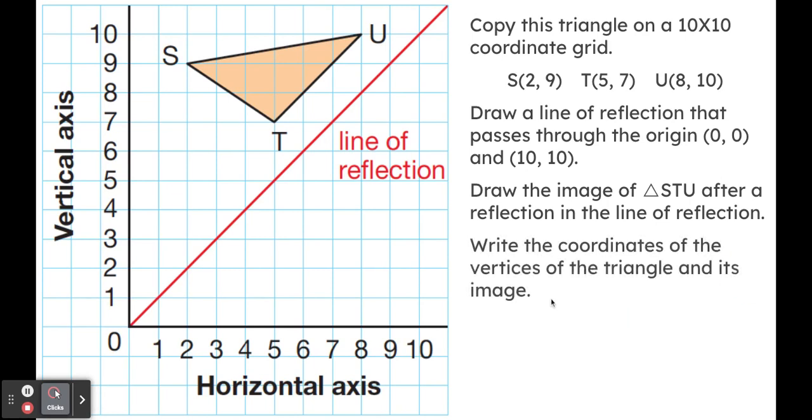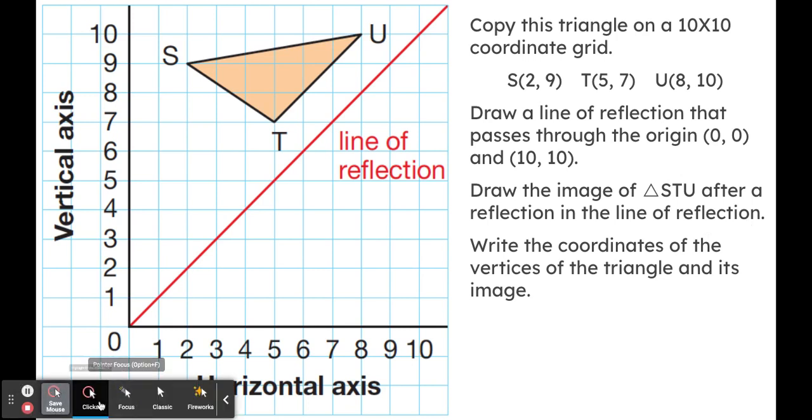Next, you will write the coordinates of the vertices of the triangle, which I've already done for you up here, but also its image. So you are going to need to label your image S prime, T prime, U prime, and list the coordinates for vertex S prime, vertex T prime, and vertex U prime.